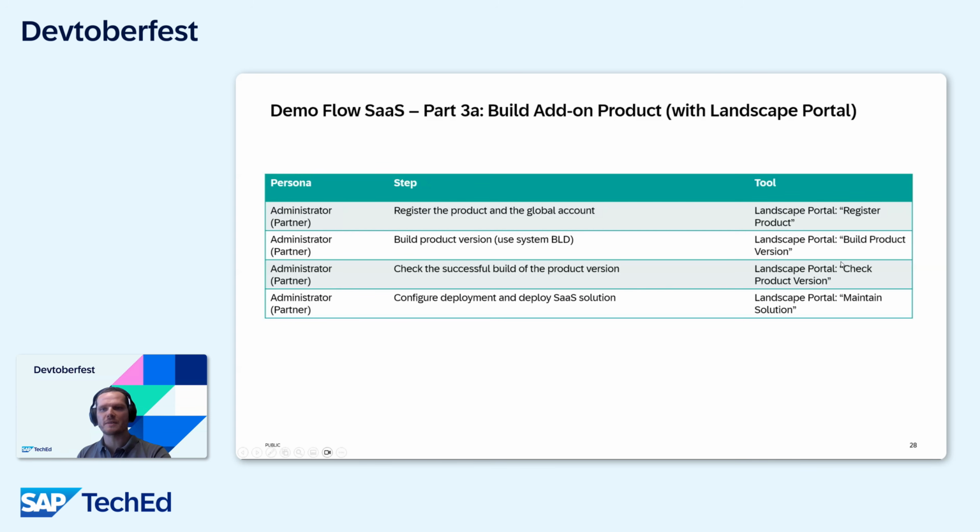You have the chance to check the product version, and then you see the last line, configure deployment and deploy SaaS solution. Then the delivery-specific part begins. Let's have a look at the product build and the deployment as a SaaS solution.